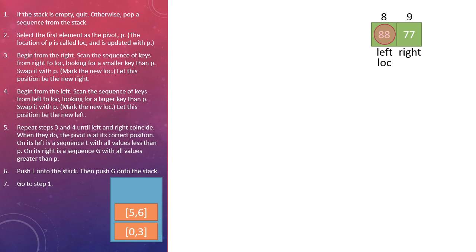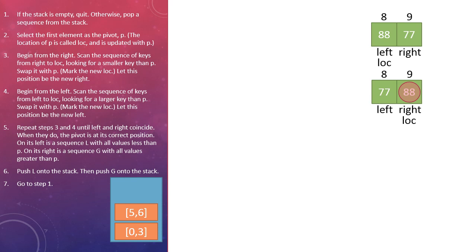I get this. The sequence from 8 to 9. Left is at 8, right is at 9, lock is at 8, and 88 is the pivot. Start scanning from the right, looking for a smaller element than 88. 77 is smaller. Swap the elements.